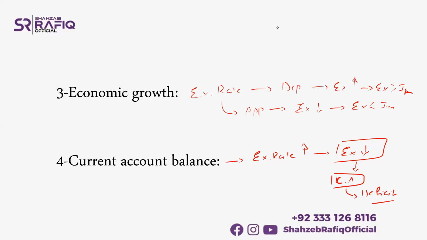As we have discussed before, the current account is one of the key accounts in an economy, which shows the performance of the economy. So when the current account is in deficit, it means the economy is not performing well. We are spending more and earning less, so this will have a negative impact on the economy. These are some of the consequences that an economy could face due to a change in exchange rate.